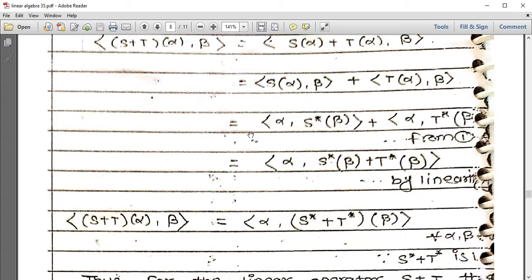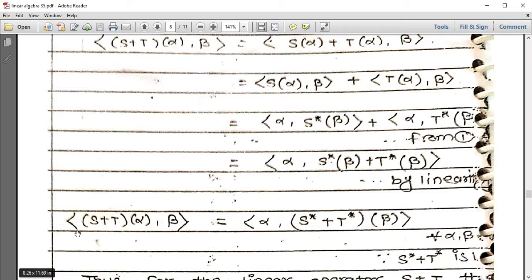This is nothing but the inner product of alpha and S star of beta plus the inner product of alpha and T star of beta, from equations 1 and 2. Hence, by the linearity property of the inner product space, we can write the inner product of alpha and S star of beta plus T star of beta.